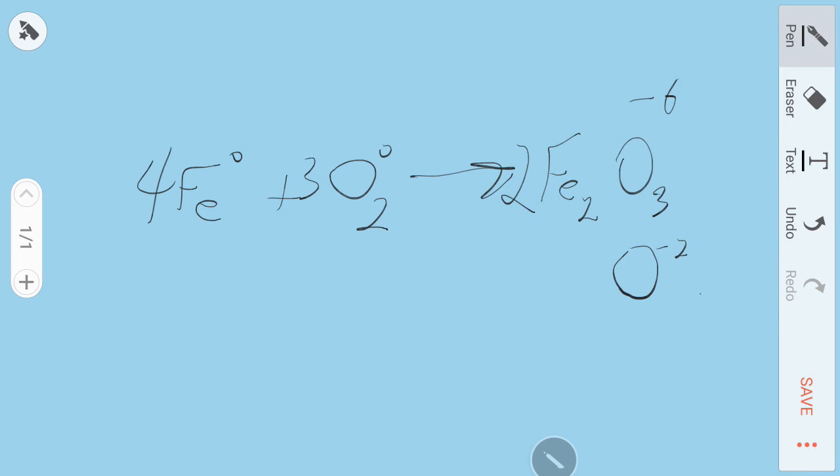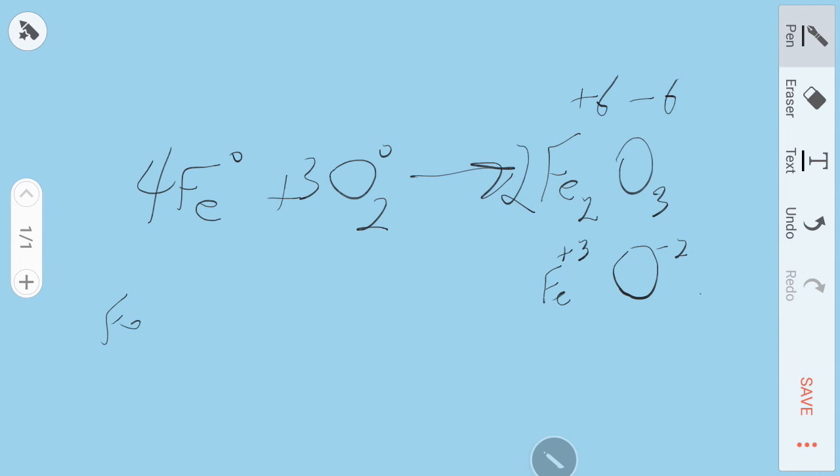So, in order for this compound to have no charge, iron has to cancel out this -6 with a +6. So what oxidation number does iron have to have? +3. I have 2 of them, so 2 +3 irons total +6.